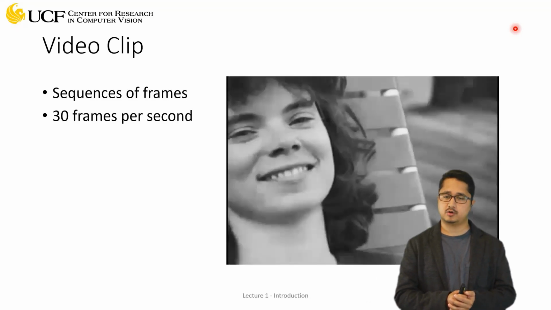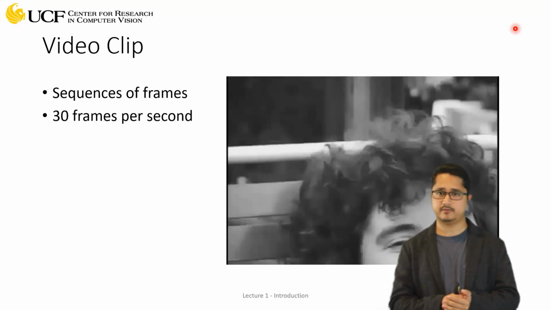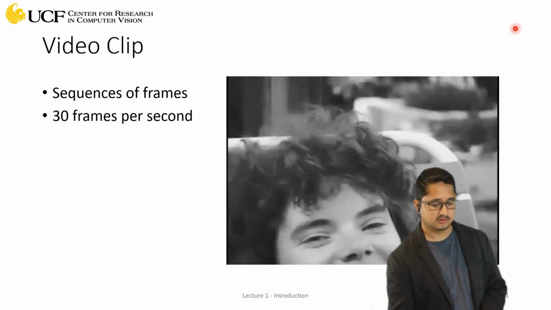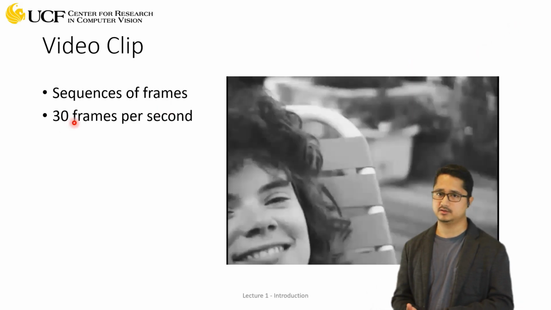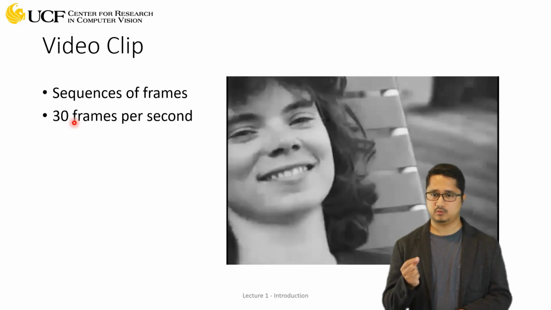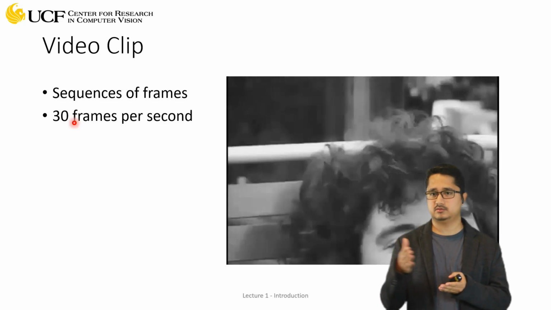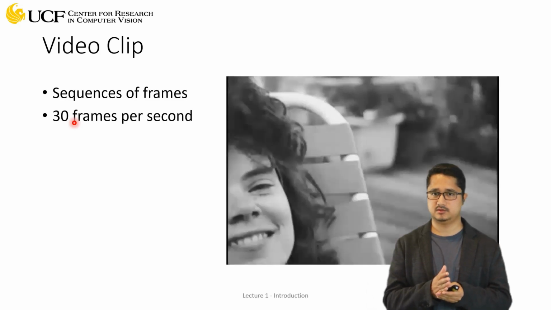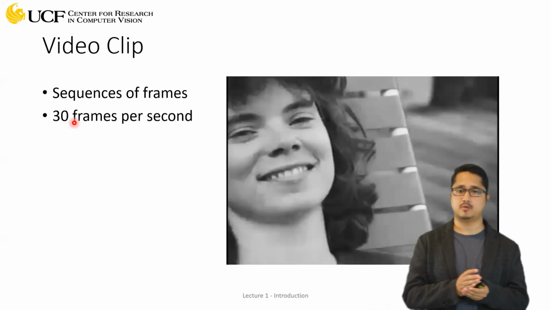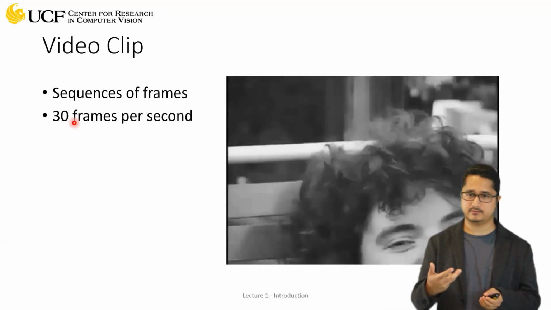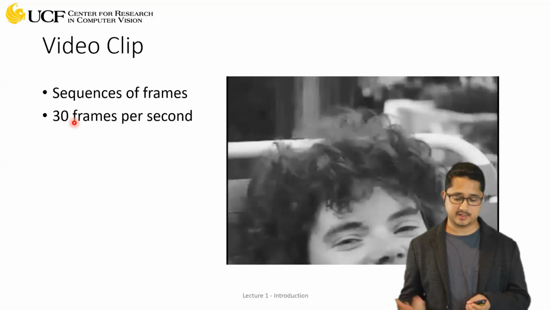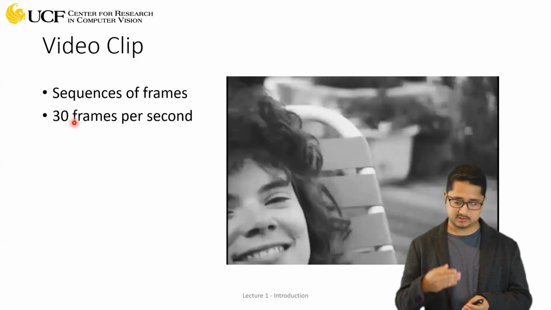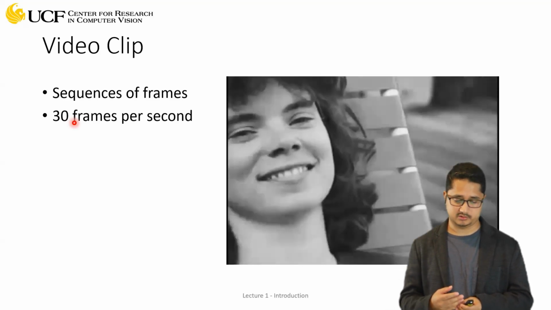And one important property which defines a video is the frame rate. Usually these days, all the videos are 30 frames per second, which means that if you play a video, then in 1 second there will be roughly 30 frames. That's kind of optimal, and you can recognize different motions without observing any jerk or discontinuity in the motion.